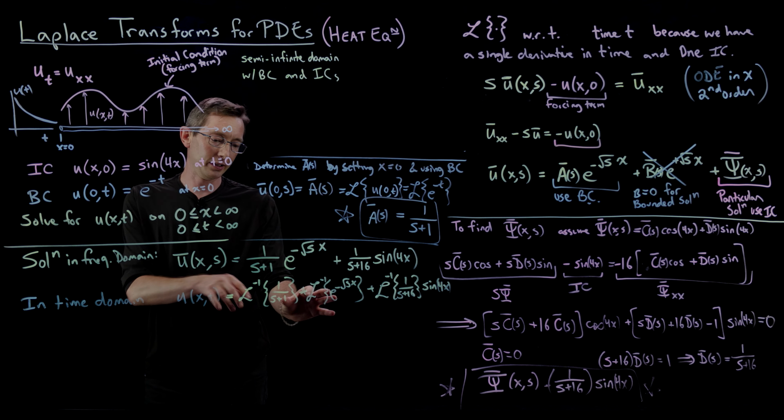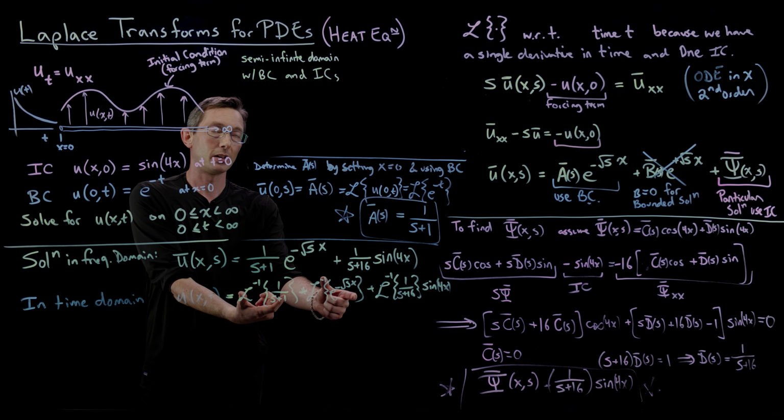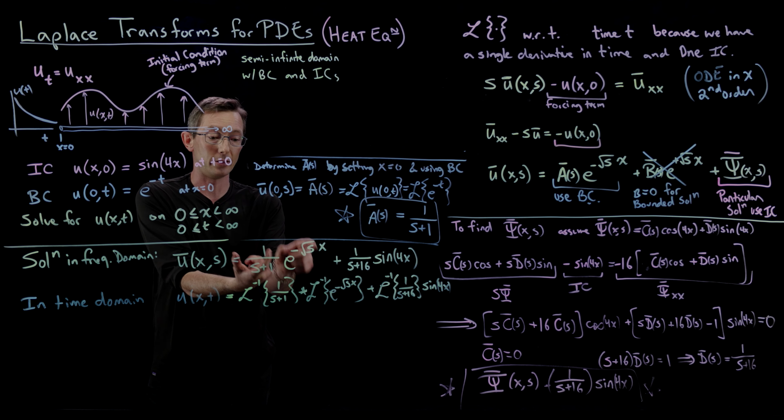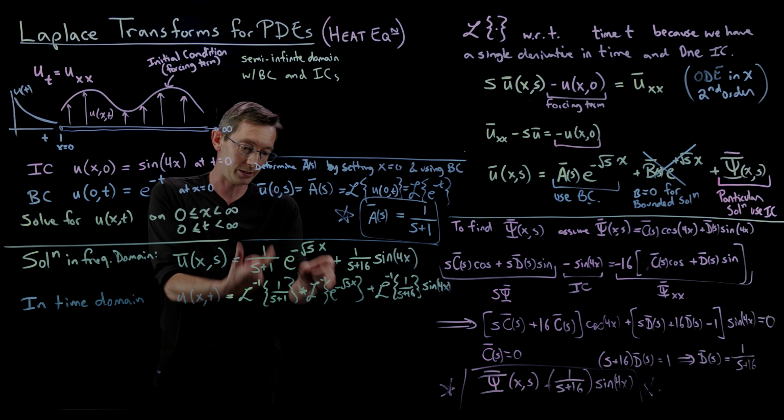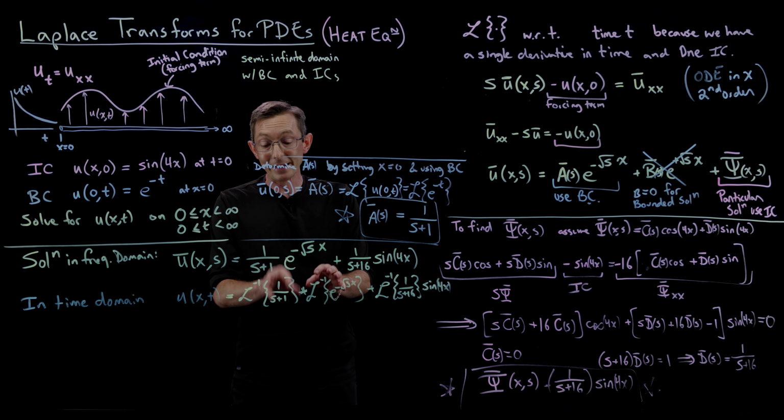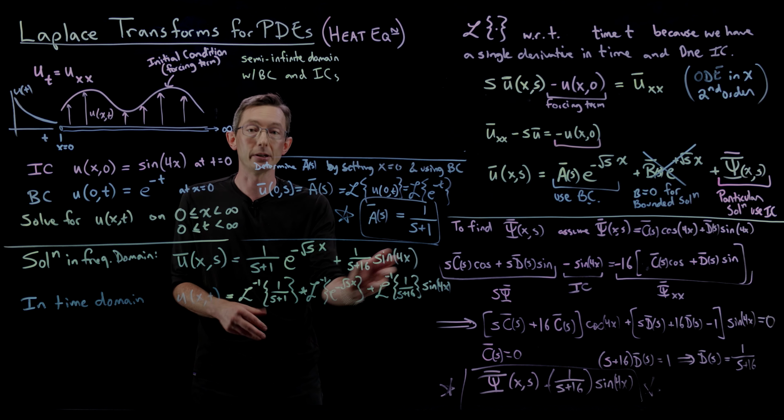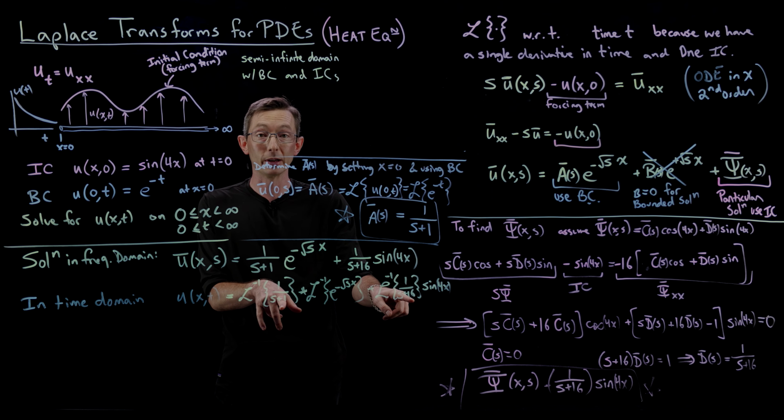The Laplace transform of a convolution is the product of the Laplace transforms, so the inverse is also true. And now all I have to know is these three inverse Laplace transforms, and two of them are really, really easy.